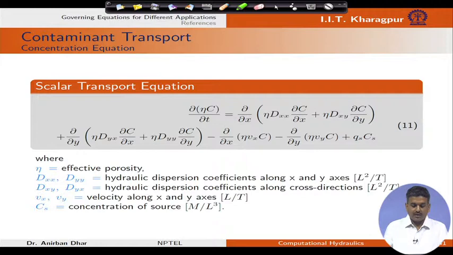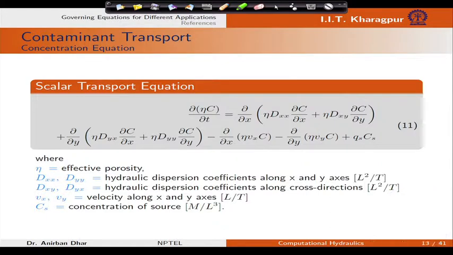Dxx and Dyy are the hydraulic dispersion coefficients along the x and y direction, and Dxy and Dyx are the hydraulic dispersion coefficients along the cross direction. Vx and Vy are the velocities along the x and y axis. These two values can be calculated from Darcy velocity.